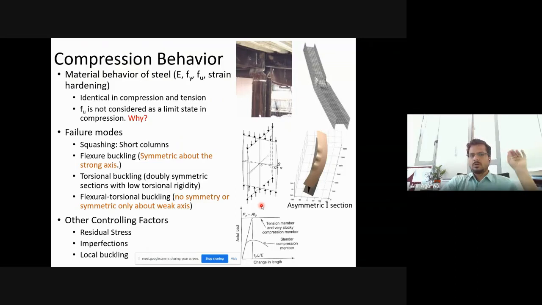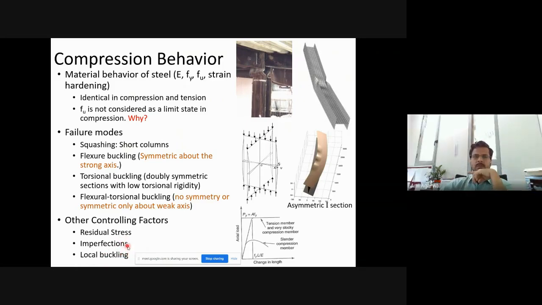So okay, good. So now what happens is that I'm calling these three types of buckling and one type of squashing. That is also one type of failure mode. So these four failure modes I'm talking about, but I am not talking about the local buckling as a failure mode. Okay, and there is a reason for that.